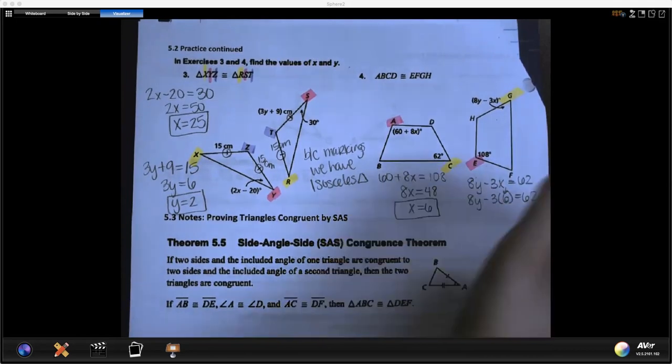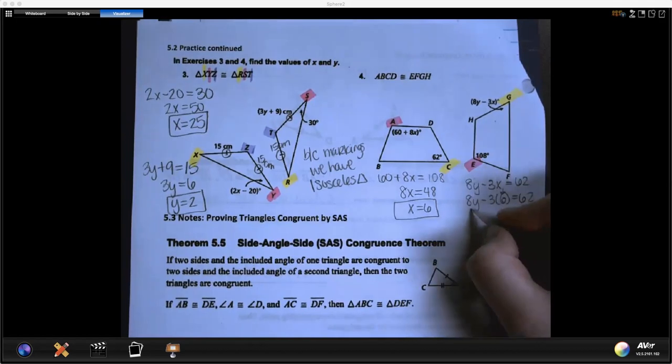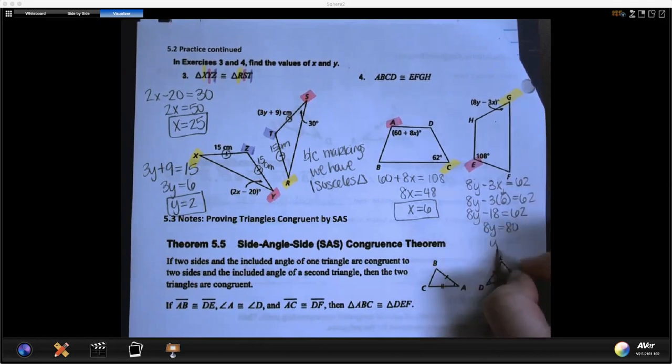Okay, if you haven't solved for y, go ahead and do that now. Okay, so when solving this, we would have 8y minus 18 equals 62. Add the 18 over, and you should get y equals 10.